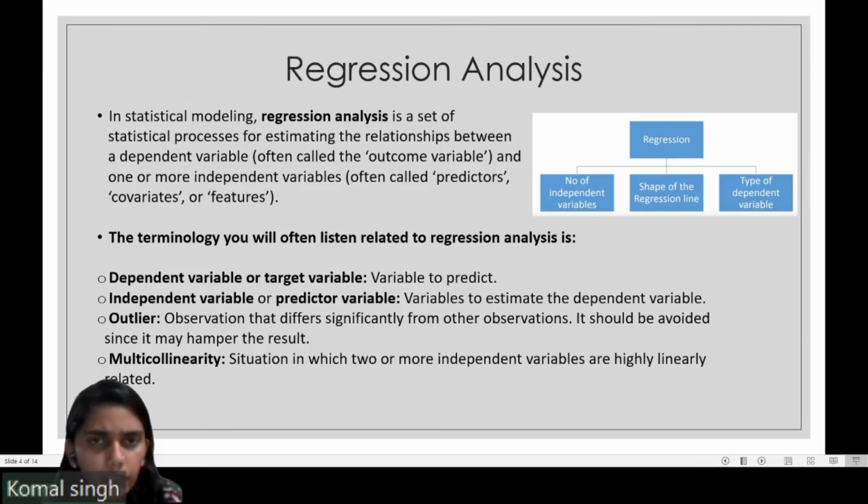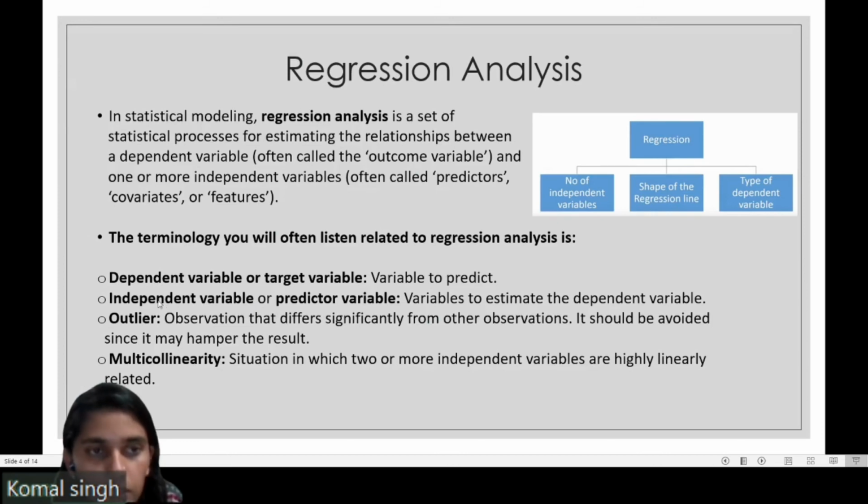Now I'll take one example. If I'm working in an industry and someone has given me a task to find out the annual sale of the year, what I have to do first is find out the annual sale, which is my dependent variable. For affecting this, we have lots of factors.